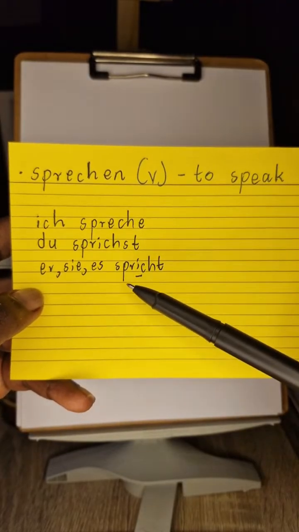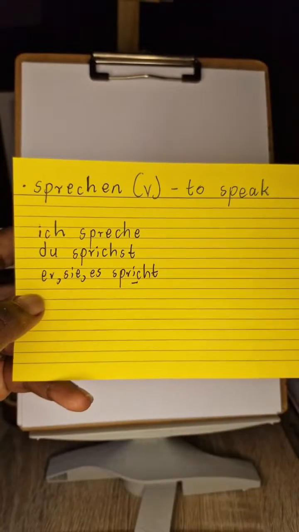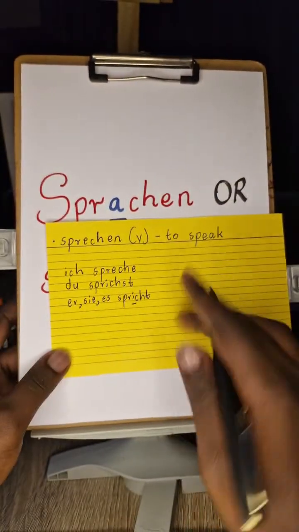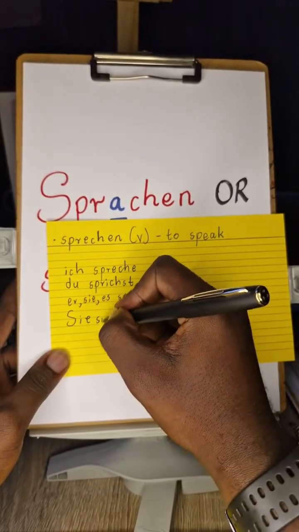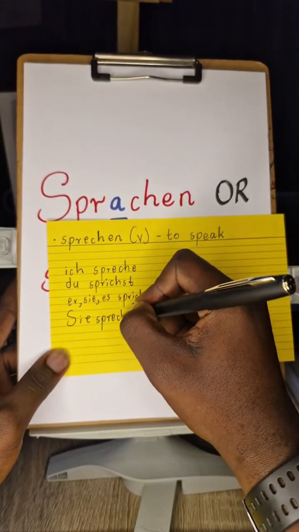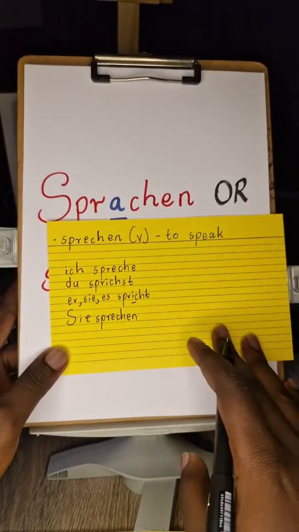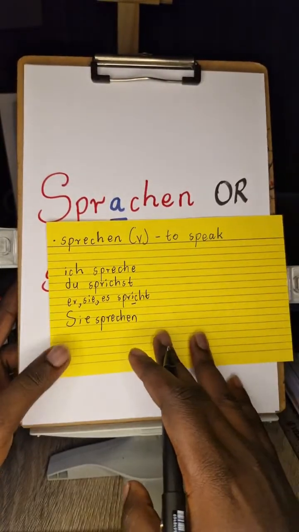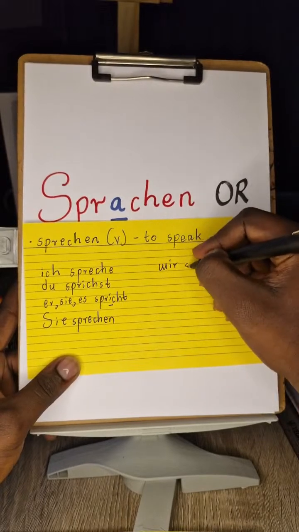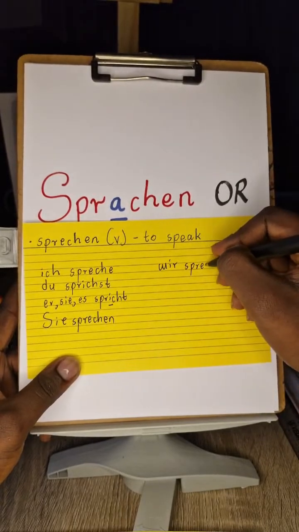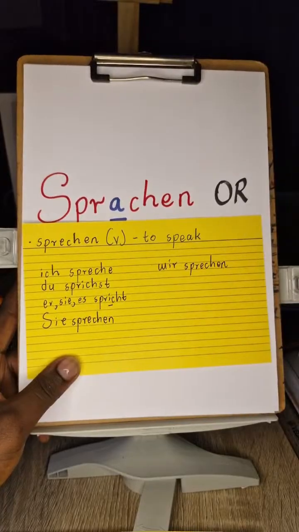But er, sie, es spricht. He, she, it is speaking, right? Then you have the capital S, Sie sprechen. All right? Now, in the plural side, you now have wir sprechen.